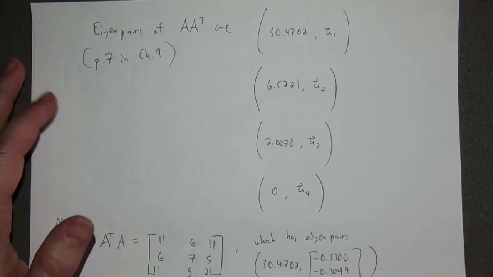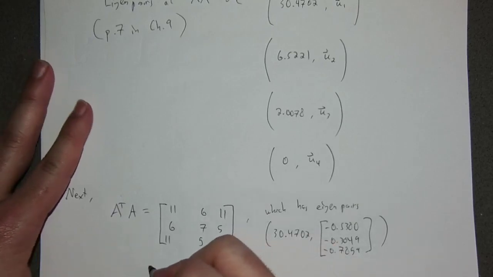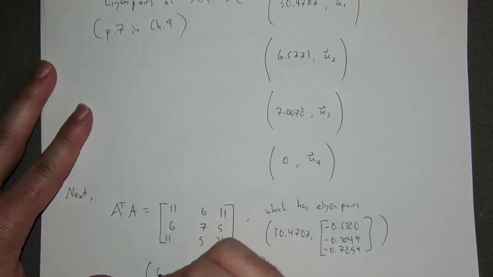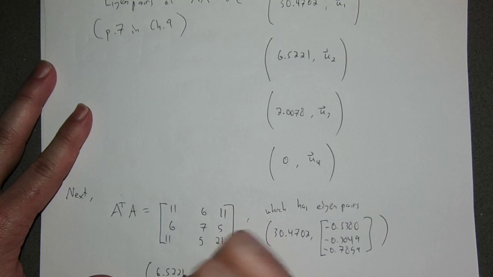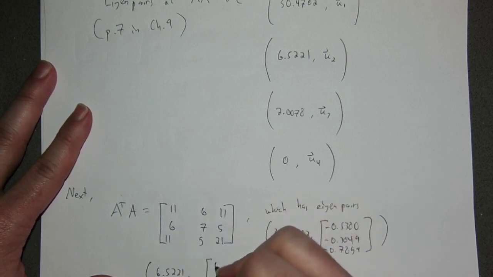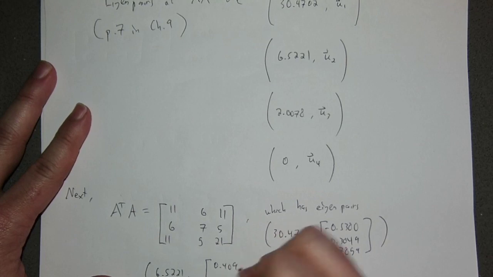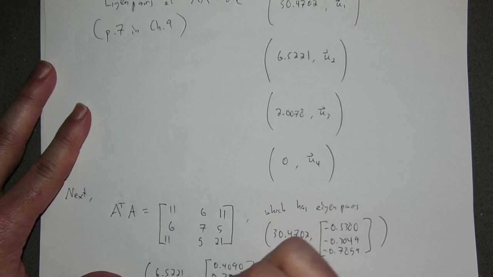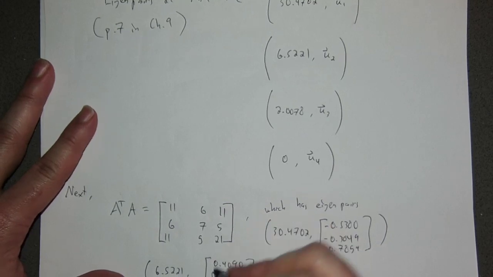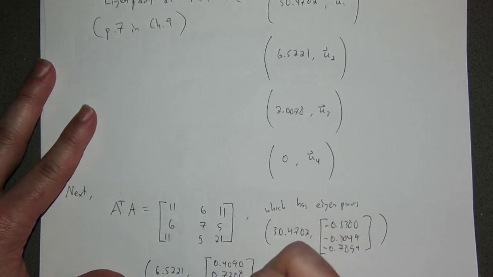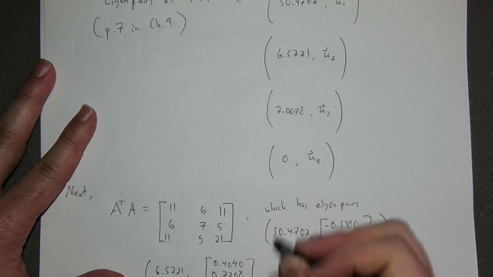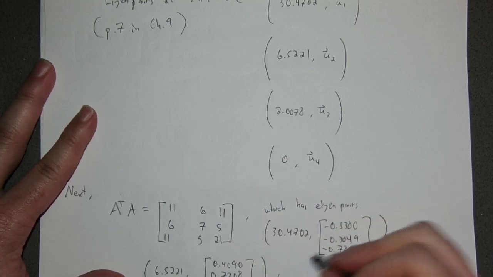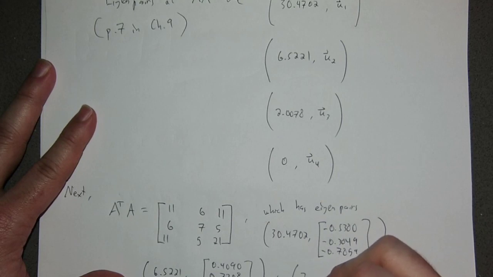The next eigenpair is 6.5221. The associated eigenvector is 0.4090, 0.7208, and minus 0.5596.